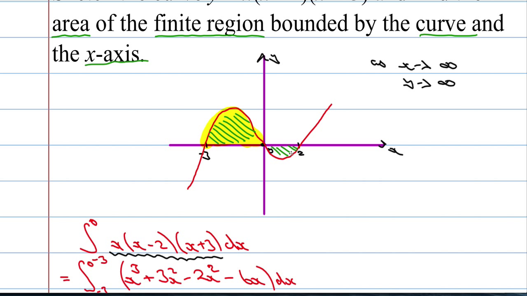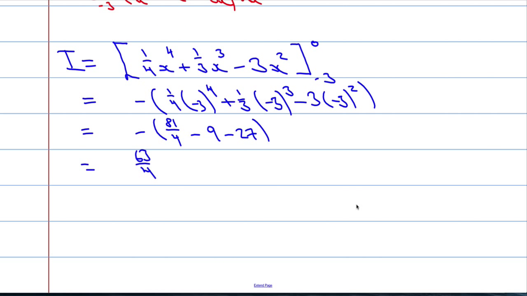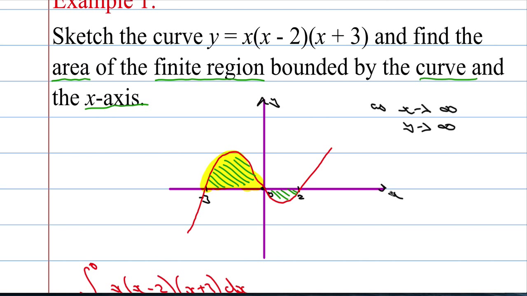I also need to calculate the area under the curve in this region. So, this other region, which I'll highlight in green, so this region here, the area trapped between the curve and the axis, is going to be found by integrating the function between 0 and 2.